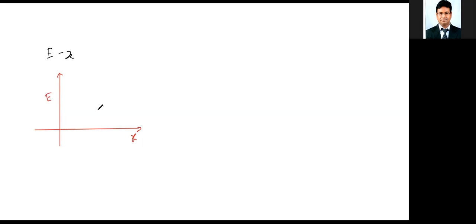We said that in the first case electric field is directly proportional to the distance from the center, so I'll get a graph like this. Just observe that. A straight line, and then a curve like this.